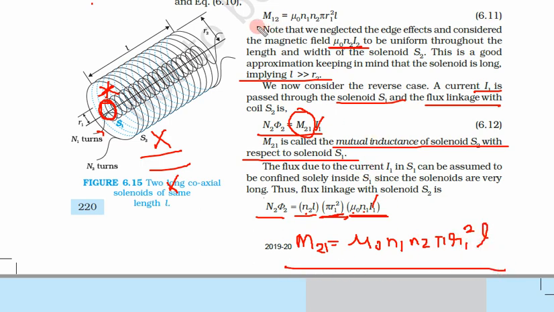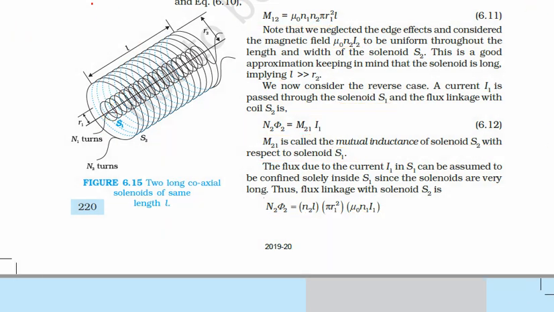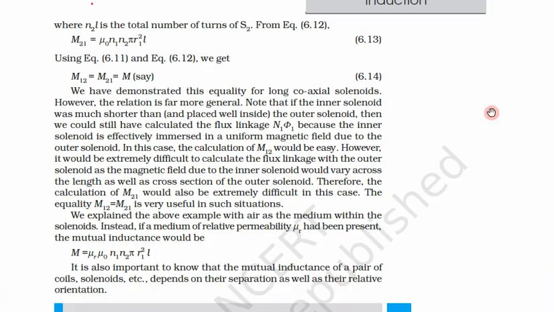If you compare it with M12, mu 0, N1, N2, pi R1 square, L. So both constants M12 and M21 are the same. Here N2L is the total number of turns in coil S2.